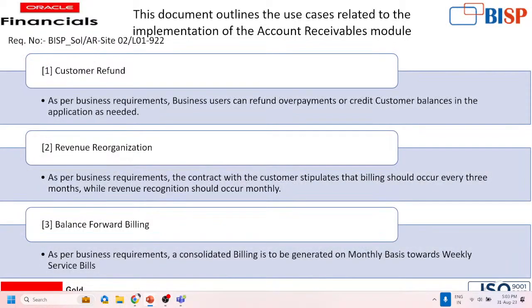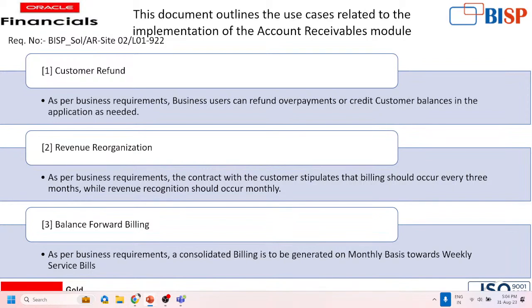As per business requirement, the business user can refund overpayment or credit customer balance in the application as needed. This is the customer refund. And as per the business requirement, the contract with the customer stipulates that the billing should occur every 3 months, while revenue recognition should occur monthly.